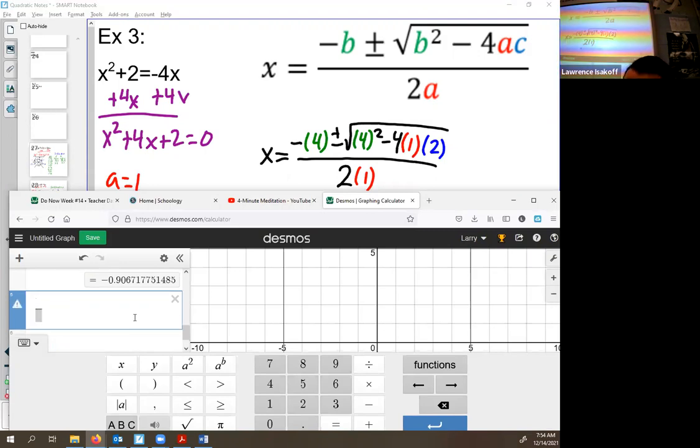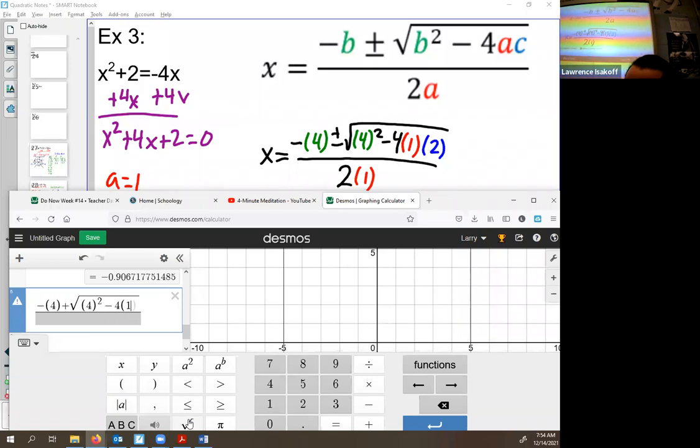Big fraction bar, negative, parentheses 4, plus, and then I can do square root, parentheses 4 squared minus 4 times 1 times 2 all over 2 times 1.